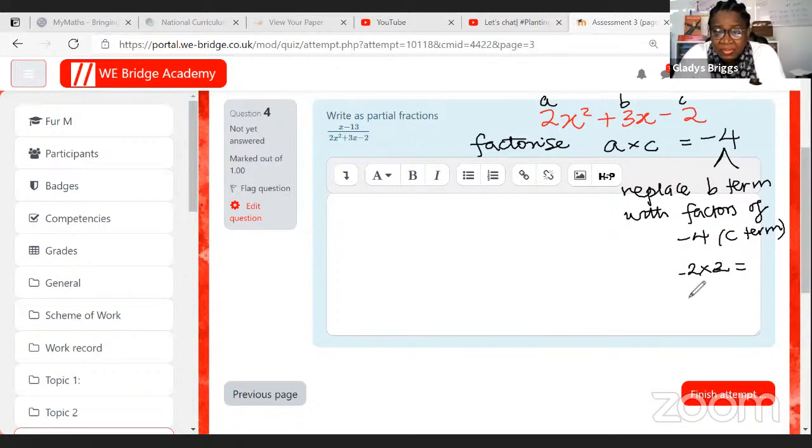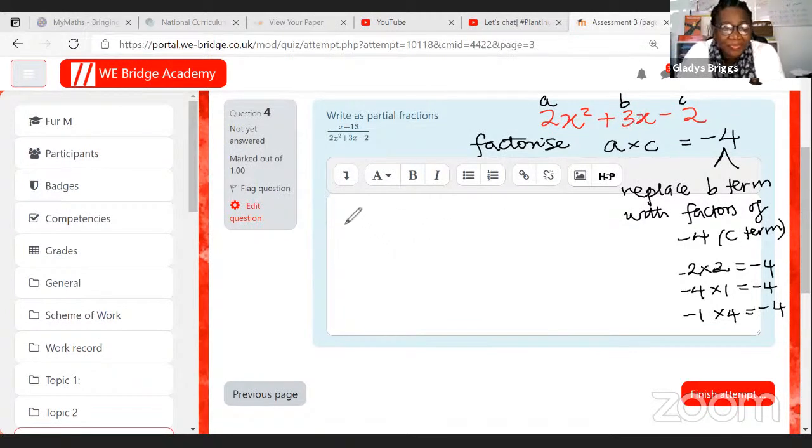You can have -4 times 1. You can have -1 times 4, yeah? That's going to give us -4, -4, and -4. So we can use any of these ones. But we want the one that is going to give us the B term when we add it.